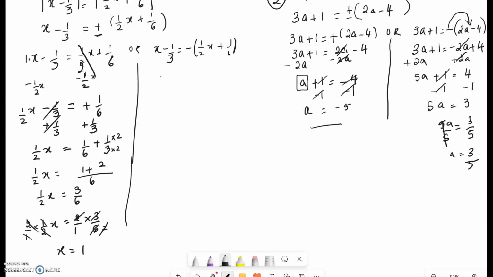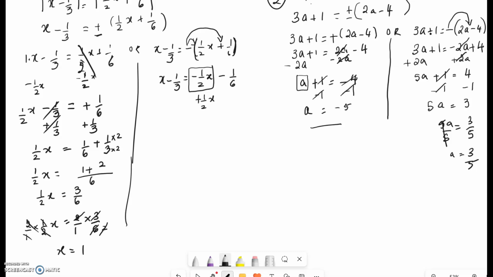Now let's solve the other side. We've taken x minus 1/3 is the minus of the quantity. So distribute the minus sign, get rid of parentheses, is equal to negative half x minus, because the minus gets distributed, 1/6. We add 1/2 x. We want all the x's on one side.